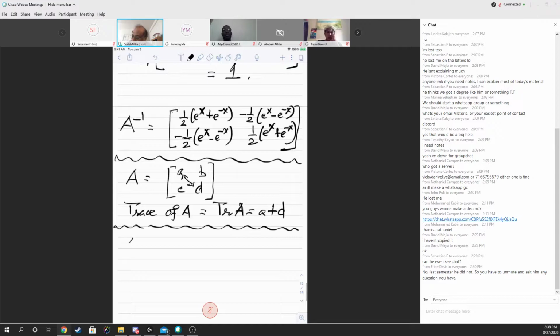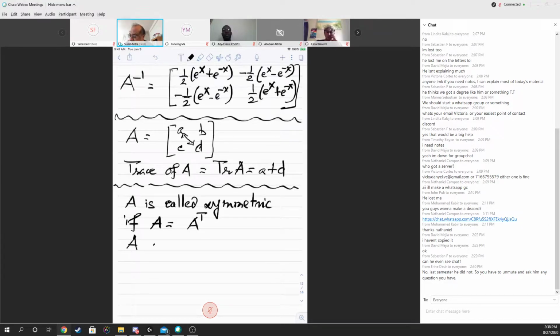A matrix A is called symmetric if A is A transpose. A is called skew symmetric if A is negative A transpose.